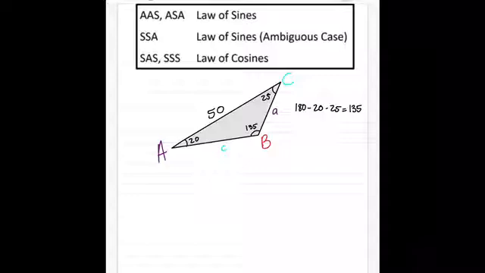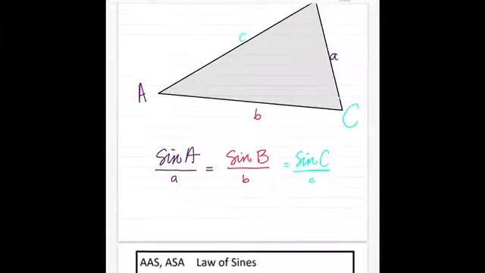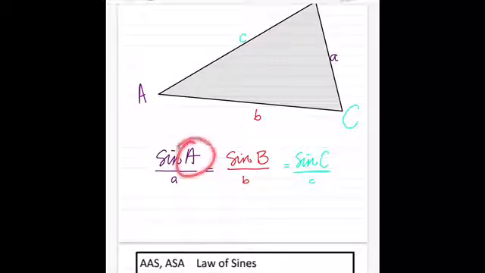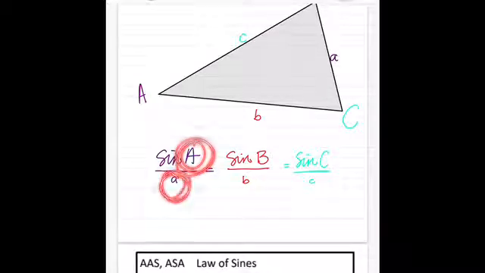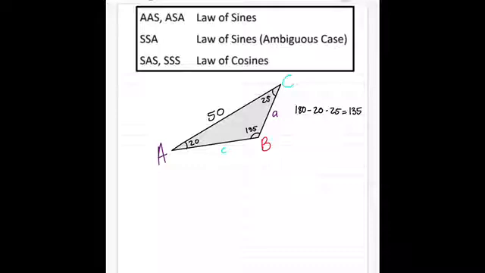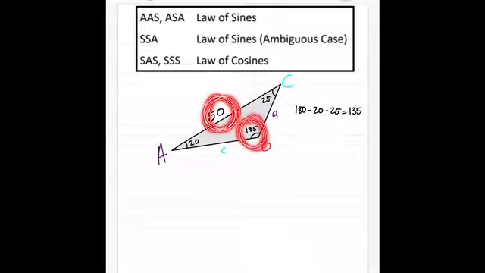We know that, okay? So now I have to use the information that I have. According to my law of sines here, I've got to have an angle and its corresponding side. The only ones that have the angle and its corresponding side are these two here. So that's how I'm going to write it.